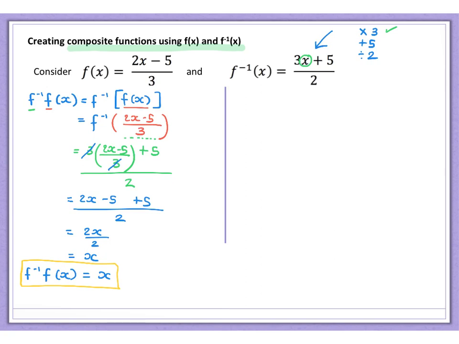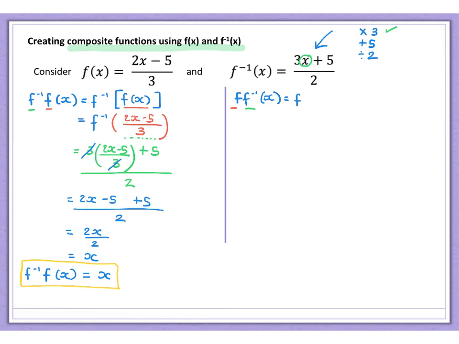Let's now have a look at these in the other order. So this time we'll look at f(f⁻¹(x)). Now this means that f⁻¹ is being applied first and then f afterwards.